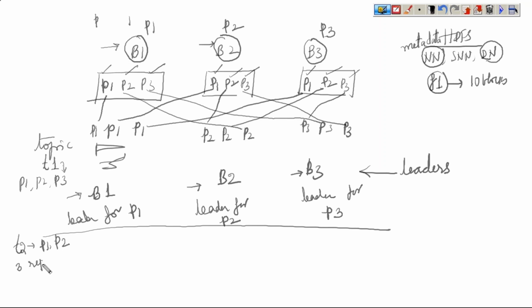So what will that make? P1 with 3 replications, and P2 also with 3 replications. Okay, I will write in the next slide, that will be clear there. So one more topic T2 is divided into 2 partitions, P1 and P2, and 3 replications.